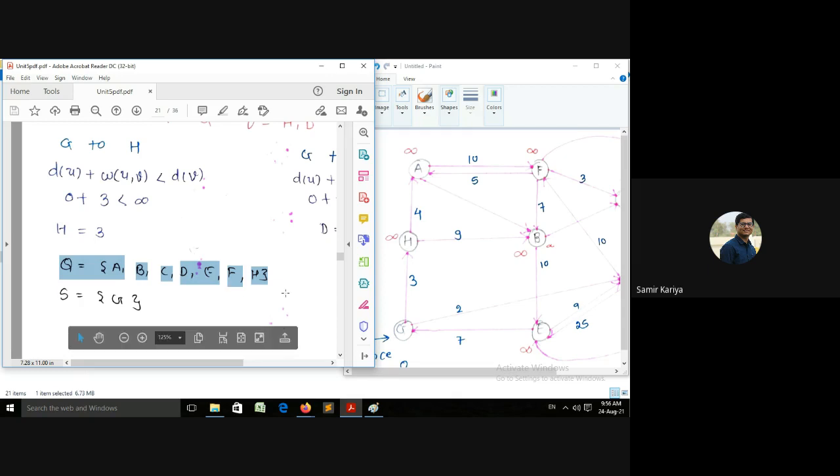We know A, B, C are infinite, because initially these nodes are infinite, no update right now. D is 2 and H is 3, the remaining are all infinite. Clear?